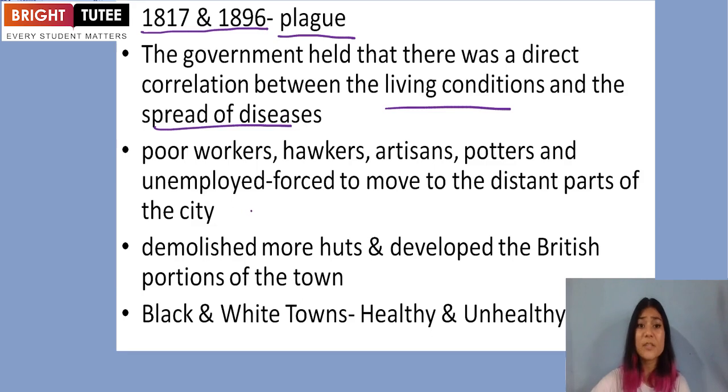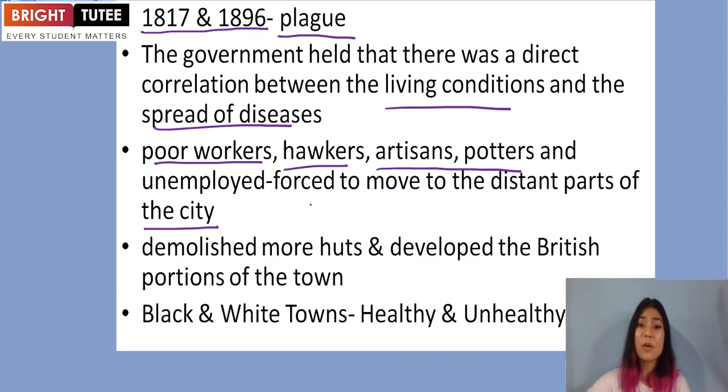Okay, so what the government did was, the government pushed the poor workers, the hawkers, the beggars, the artisans, the unemployed people into the distant parts of the city, outside of the city. Okay, so that the city becomes healthier, becomes free of the poor, dirty people.